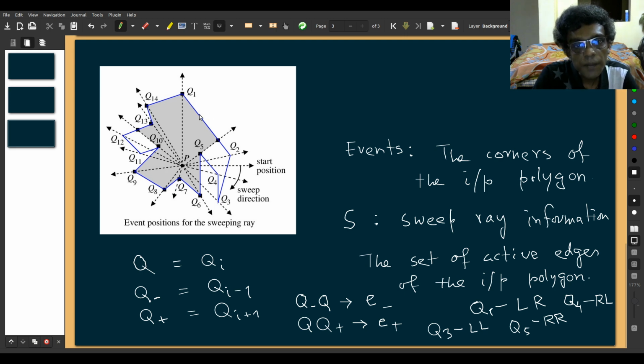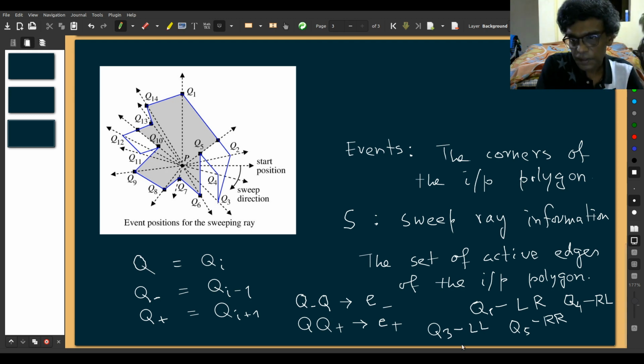And right, after this Q1, Q2 will remain active, for some time at least. So this is leaving, this is entering. So here, the previous edge you are leaving, the next edge you are entering. This is the previous edge you are entering, and the next edge you are leaving. Here you are entering both the previous edge and the next edge, and here you are leaving both the previous edge and the next edge.